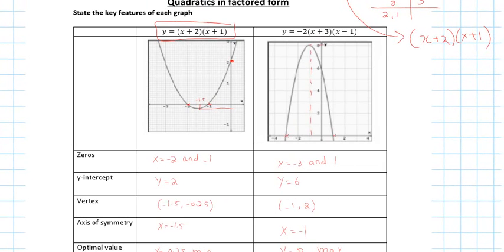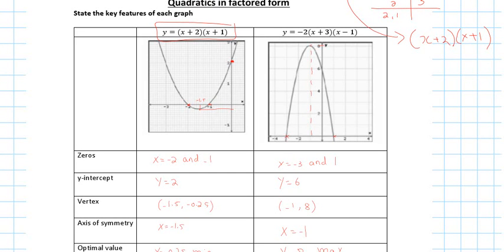So if I'm looking at the equation here, what part of my key features is matching or somewhat matching the equation? Yeah? The zeros?